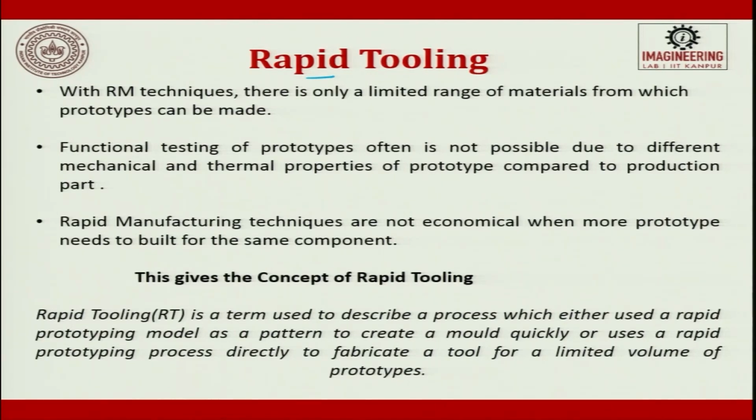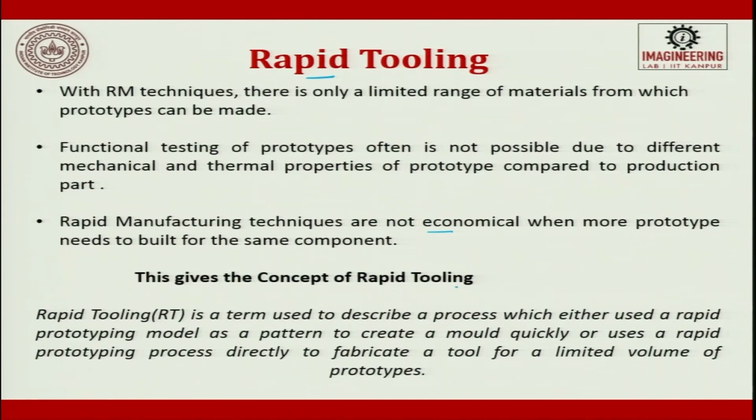Rapid manufacturing techniques are not economical when more prototypes need to be built for the same component. If it is going to be a replica of the same, rapid manufacturing is not the tool. You have to go for the conventional path. If there is customization happening to the component, then we look for rapid manufacturing.